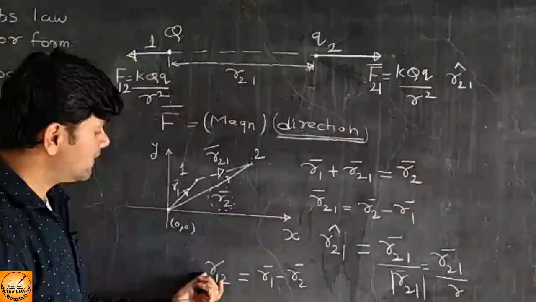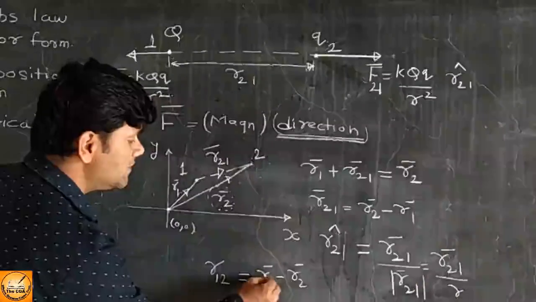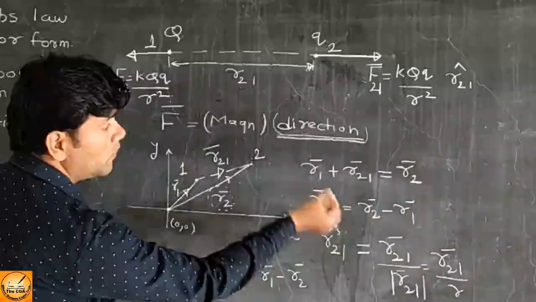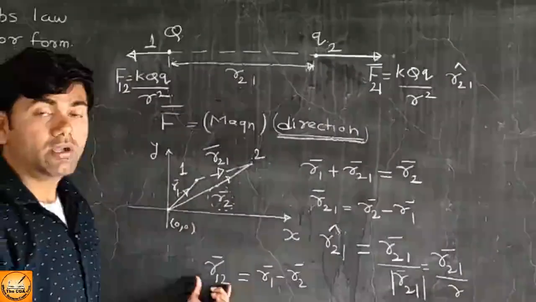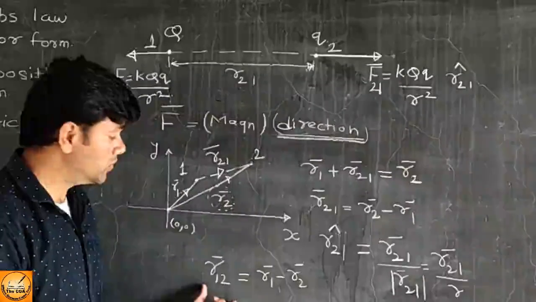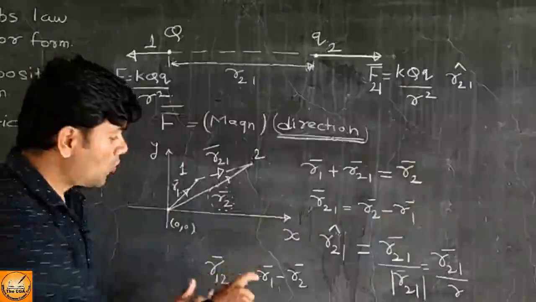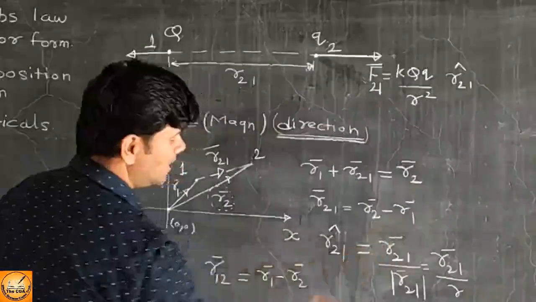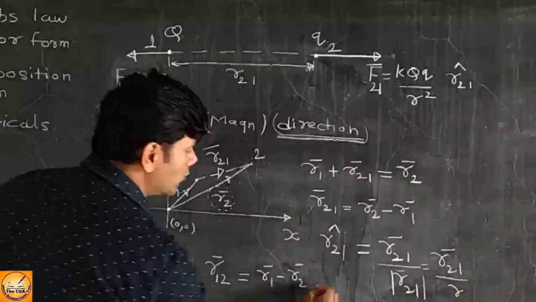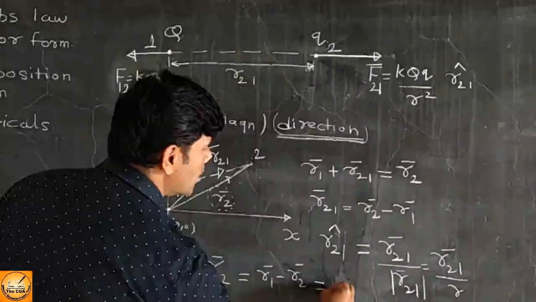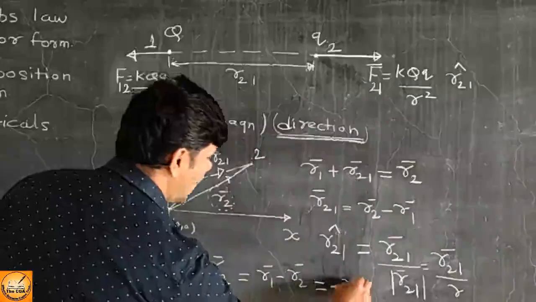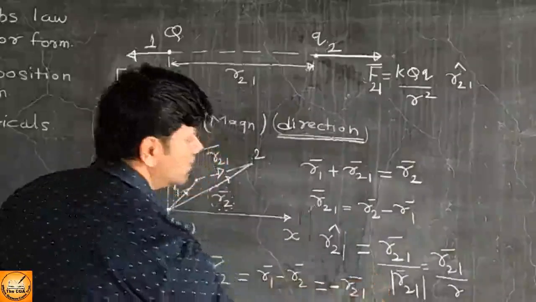If I want to represent this R12, it will be just opposite, or you can say just the negative of this. So we can write this as equal to minus R21 bar.